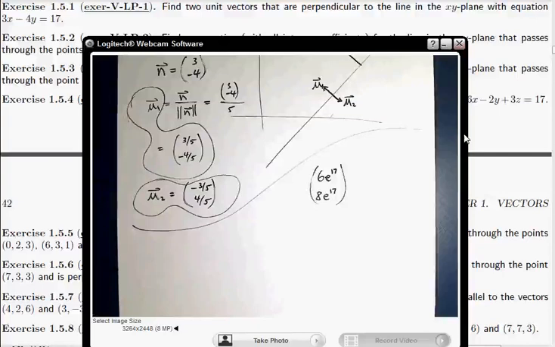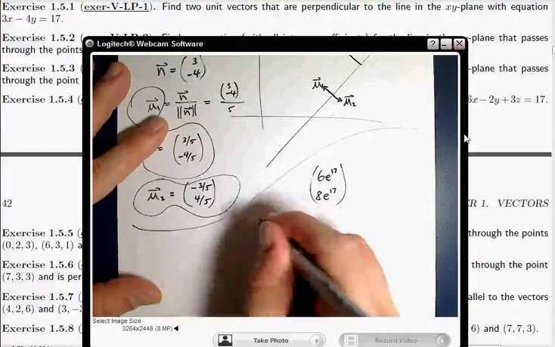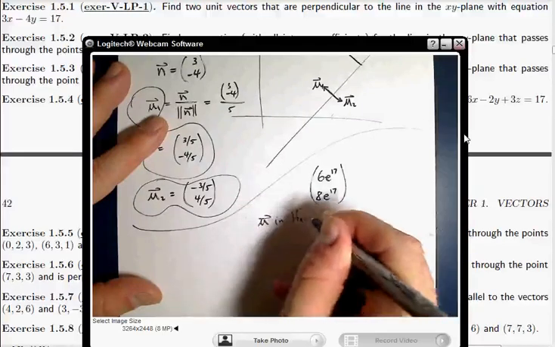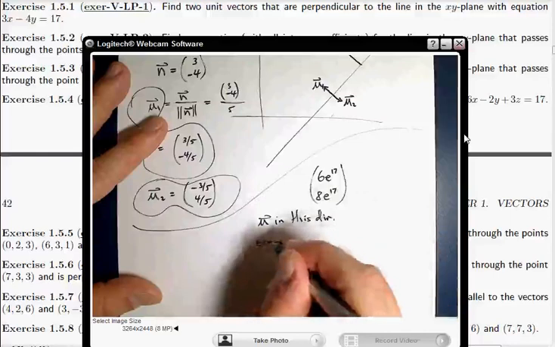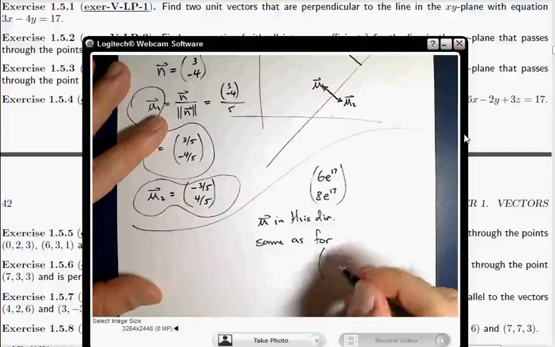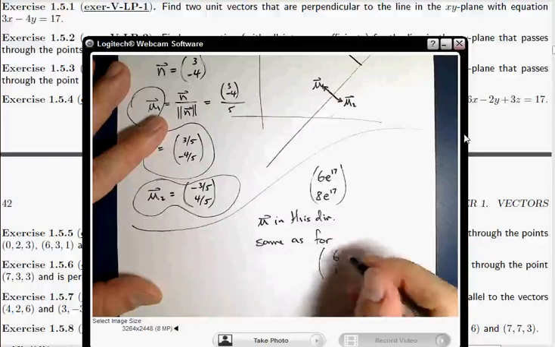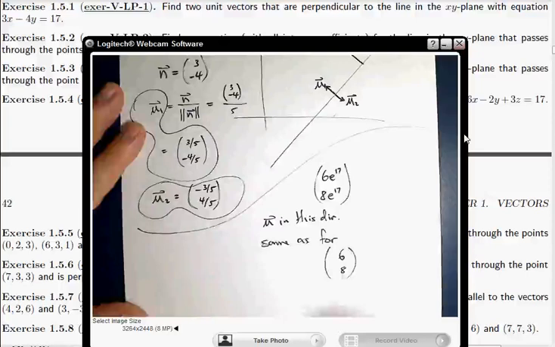But it's more elegant to do the following: the unit vector in this direction is the same as the unit vector in the direction of (6, 8). I'm just dividing by e to the 17 because I know it doesn't change the direction.